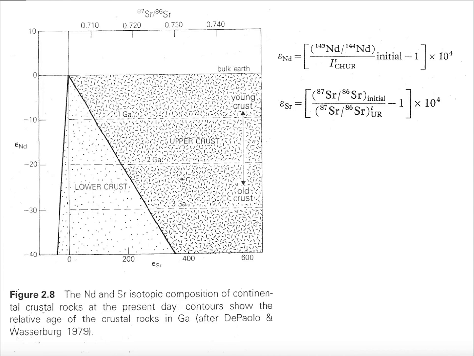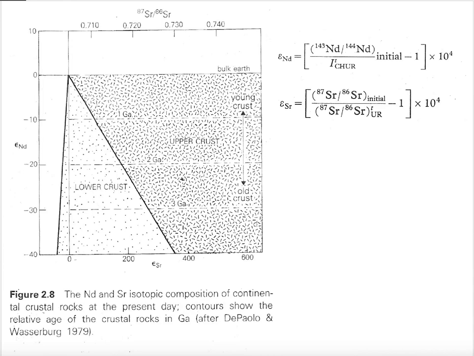Then we can compare this with the epsilon strontium. You have also 87 strontium to 86 strontium for the initial, 4,540 million years ago.